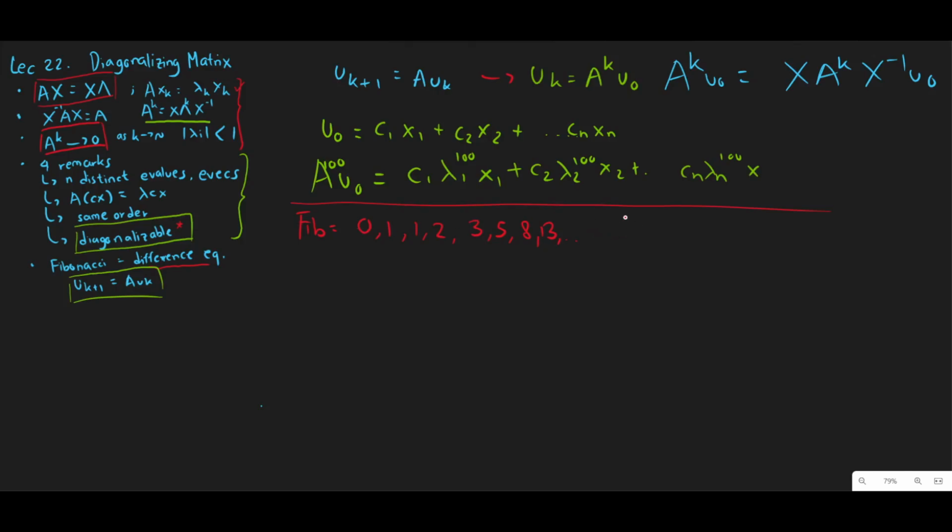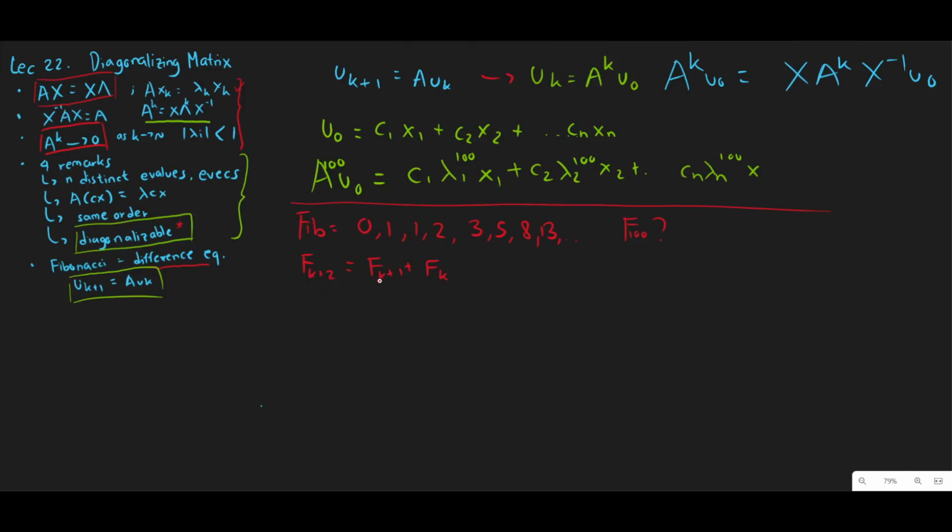And then let's say I'm interested in the 100th term, right? Now we can use this formula, but how? So first let's define the formula of this series. Let's call the terms 0, 1, 2, and so on. The second term is the first term plus the zeroth term.